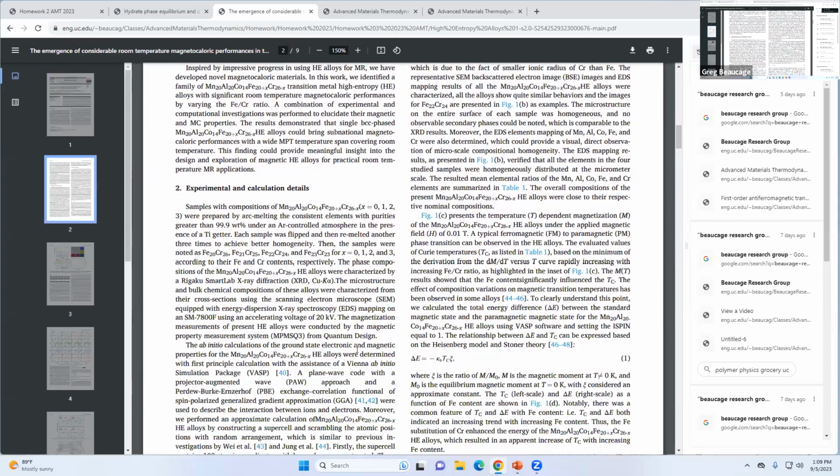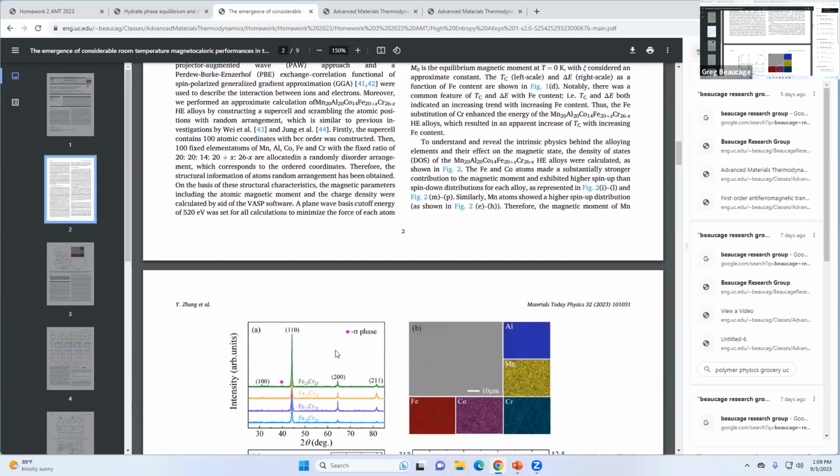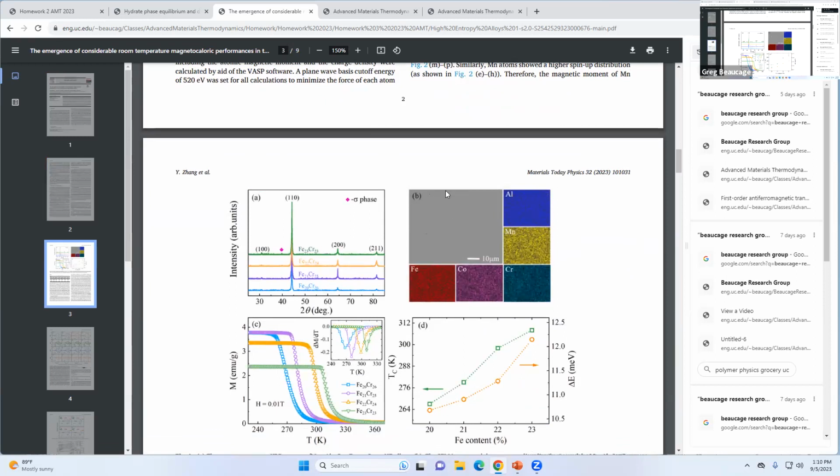And then he gets to the main thing, which is he's trying to make a refrigerator from a piece of metal. He's got a piece of metal with 5 components, takes an SEM of it, and finds that it's one phase. With SEM you can do elemental analysis and images of the different elements in it. He says they're well distributed, so it's one phase in terms of everything, at least on a 10 micron scale.